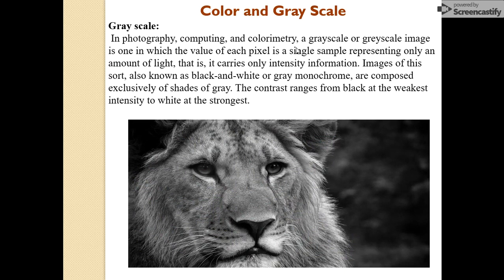Moving on to the next topic, that is grayscale. It's one of the important topics apart from color. When color didn't come onto our monitors, only grayscale or black and white monitors were used. So grayscale is a topic where you use only two colors, that is black and white.